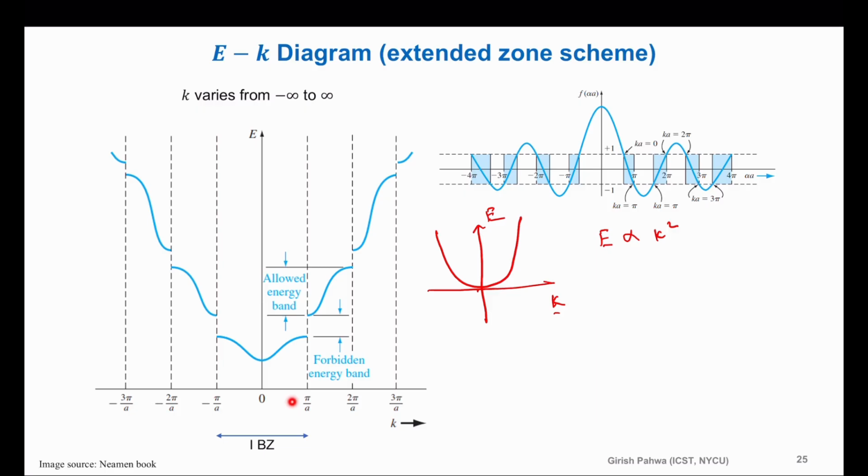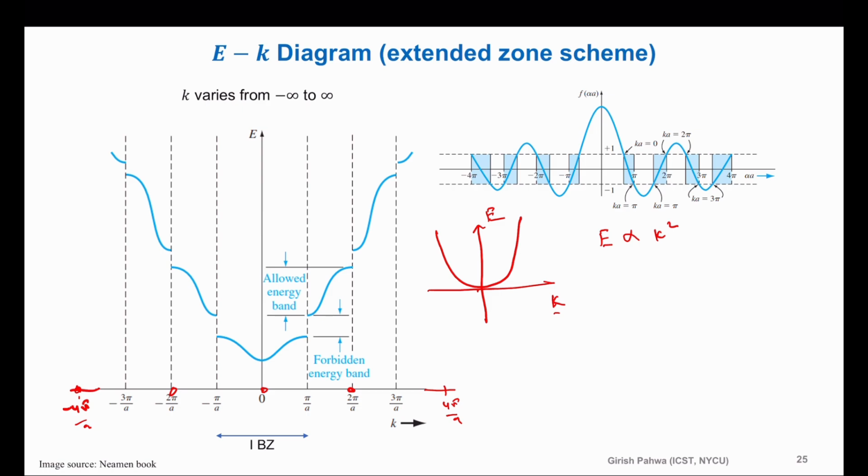Yes? What's the second Brillouin zone, by the way? So this is the first neighbor, 2 pi. Look at the lattice points. There is no lattice point here. Lattice points are here, here, here, here, and at 4 pi by A, minus 4 pi by A, you have the lattice points.